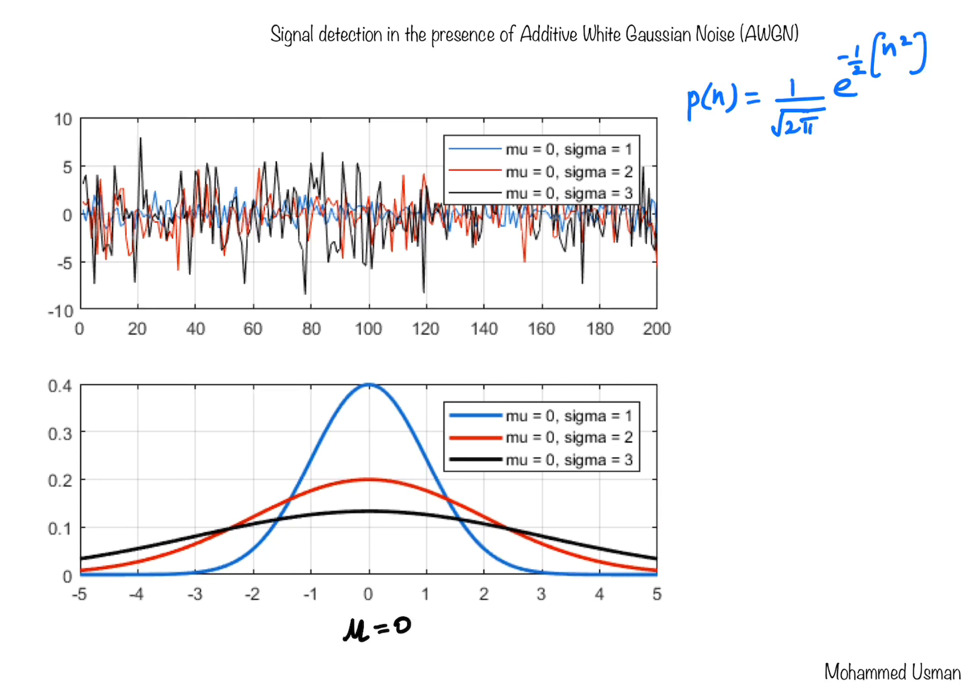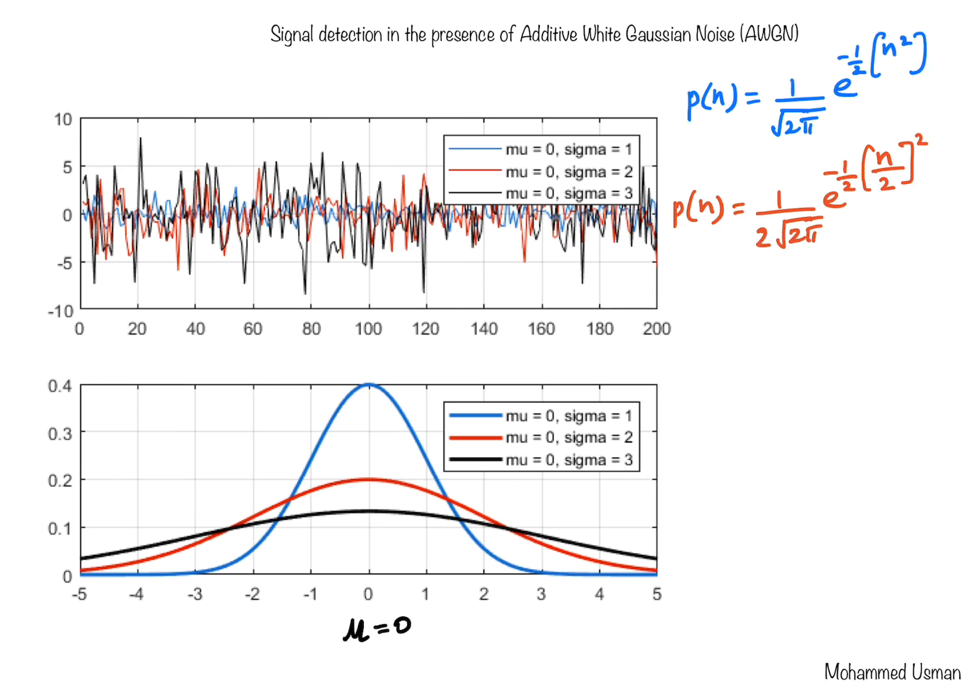For the red waveform, the PDF expression P of n is 1 by sigma root 2 pi, where sigma is equal to 2, e power minus half into ((n minus mu) by sigma) the whole square. Mu is 0, so it's n by 2 the whole square.